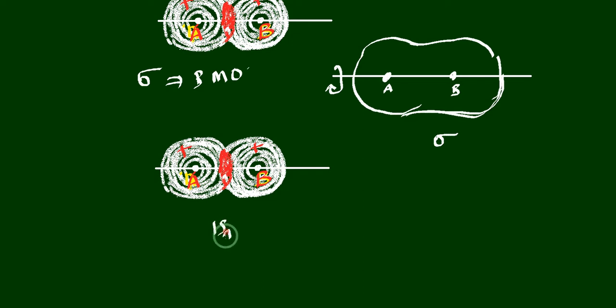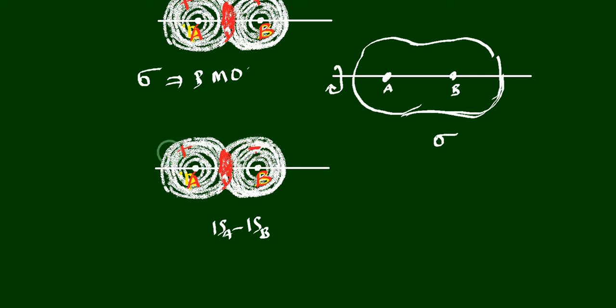Here we are multiplying the 1s B atomic orbital with a negative sign. Therefore, instead of being plus, this will be negative. This is minus.